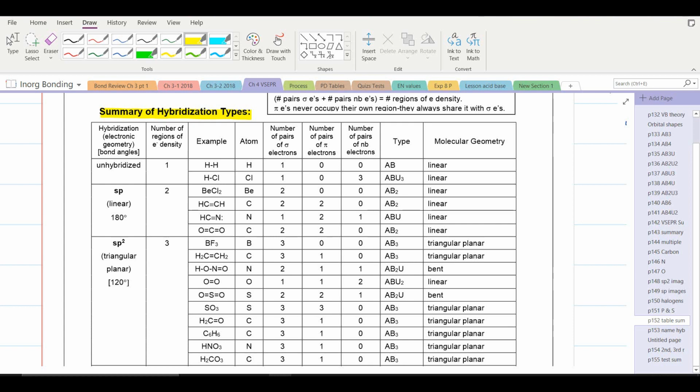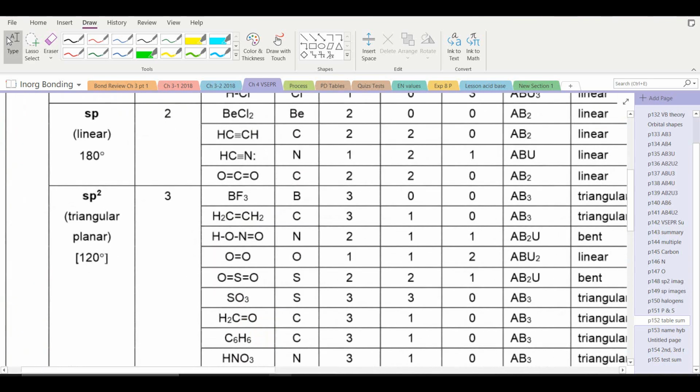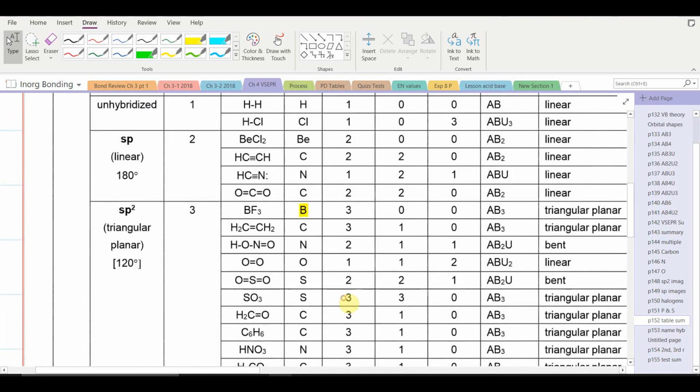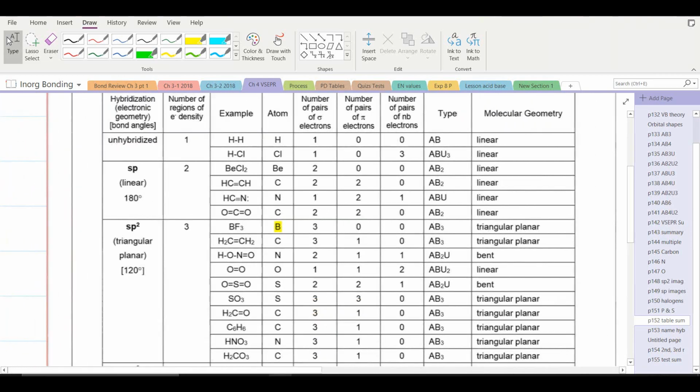So this column here, the atom column, is the atom I'm referring to in a particular compound. Let's start right here. Let's say boron in BF3. How many pairs of sigma electrons are there? In other words, how many sigma bonds are there? You may need to draw the structure, but I'm hoping by this time you can tell just by looking at it. There'll be 3 sigma bonds.